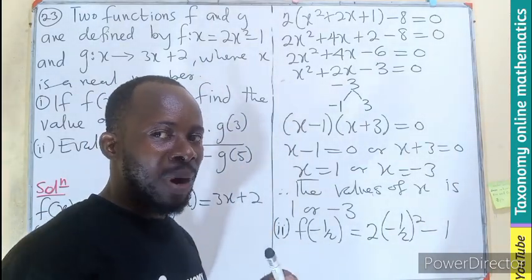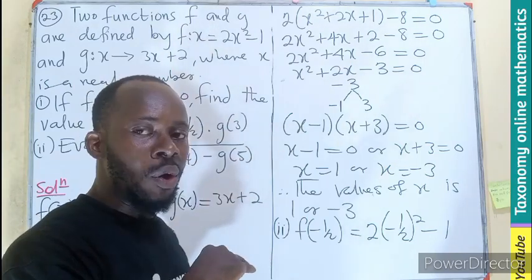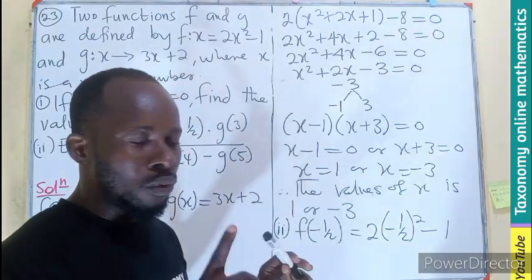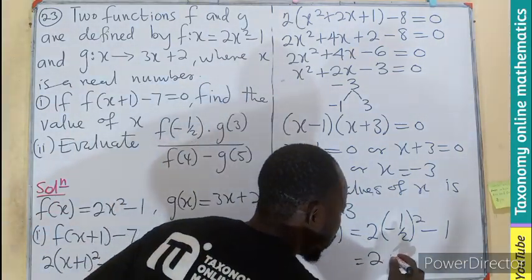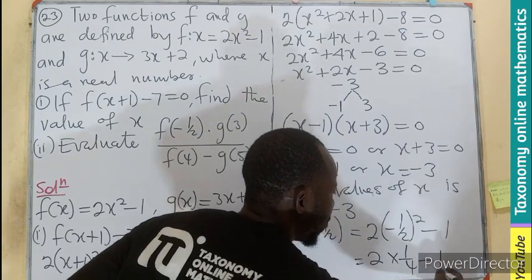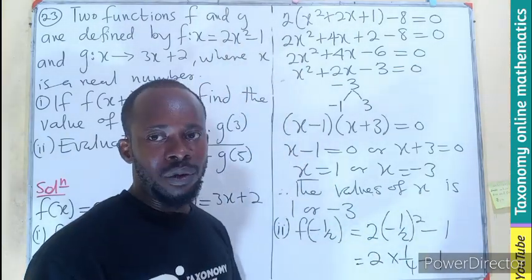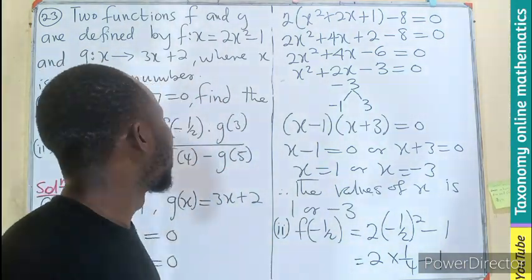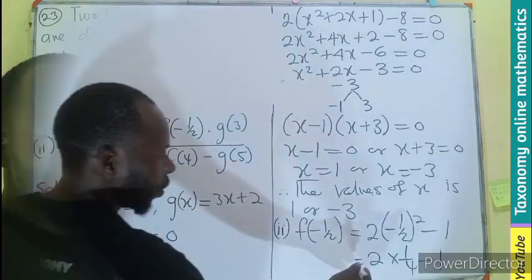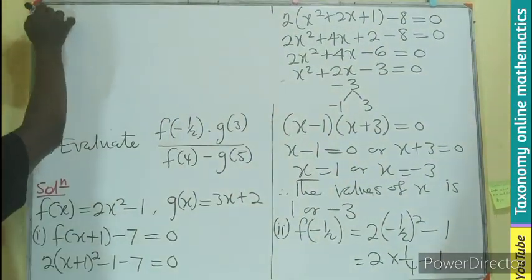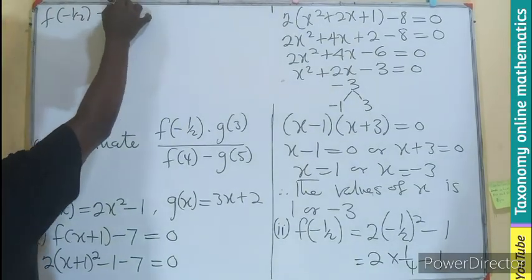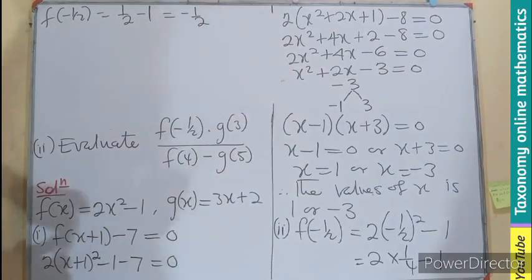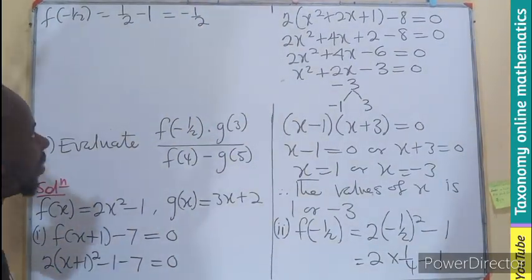So negative 1 times negative 1 is 1, 2 times 2 is 4. So we're having 2 times 1 out of 4 minus 1. 2 can cancel to give us half minus 1. So f of negative half equals 1 on 2 minus 1, which will be negative half.